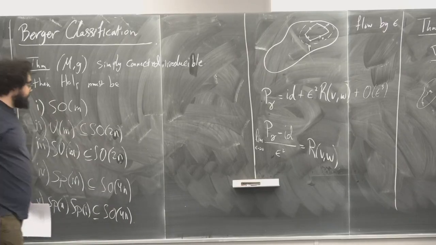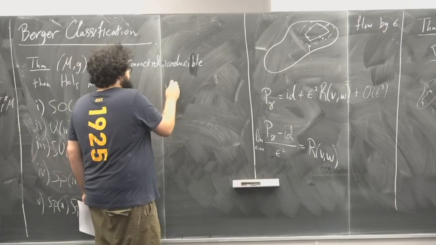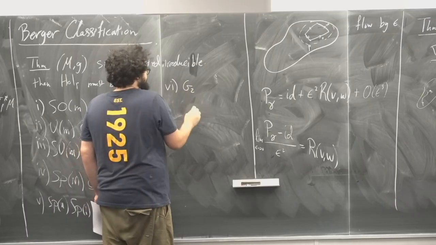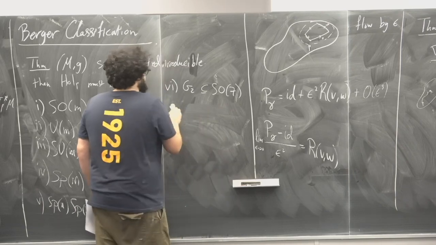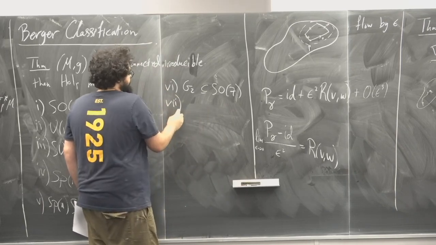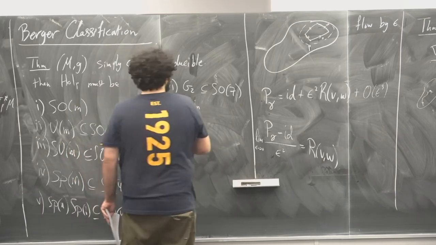And we have two weird ones: G2, which lives inside of SO(7), and Spin(7), which is a subset of SO(8). G2 instanton?